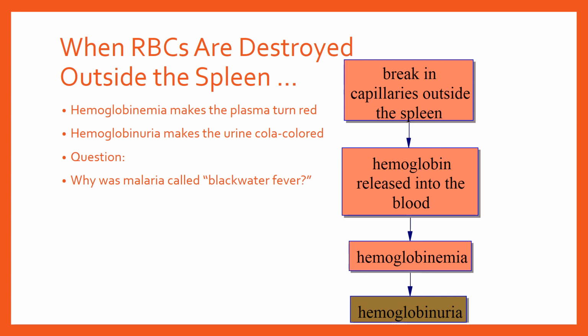I tried to make the squares an appropriate color, and you will see hemoglobinuria is a brownish color. It's not bloody urine, it's free hemoglobin floating in it, removed by kidneys.